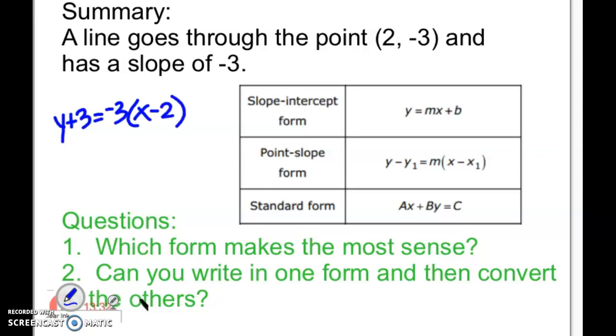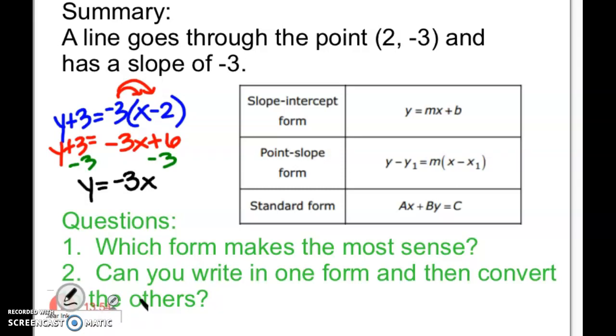Right? Can you write it in one form and convert to the others? So can you switch this into slope-intercept form? And then subtract 3 from both sides. Okay, so now you have 2 of the forms.